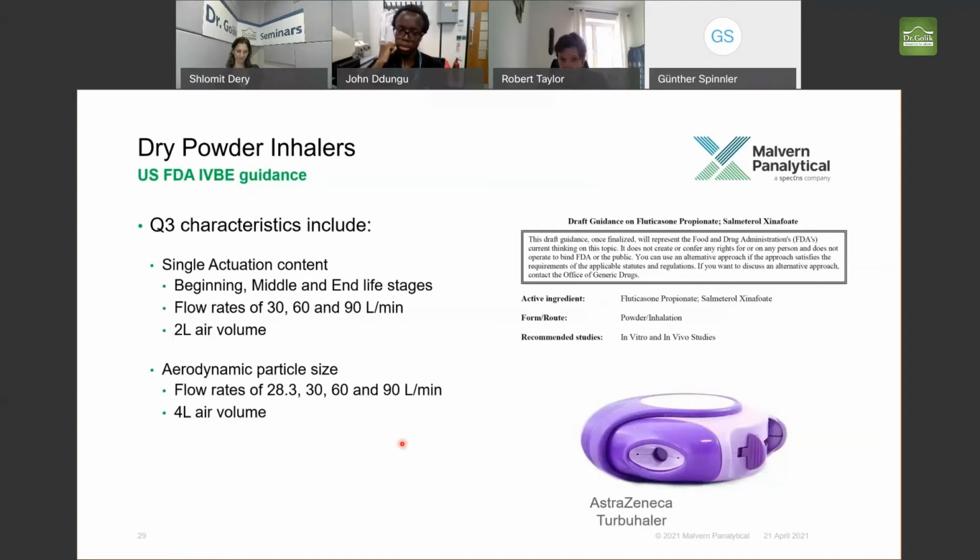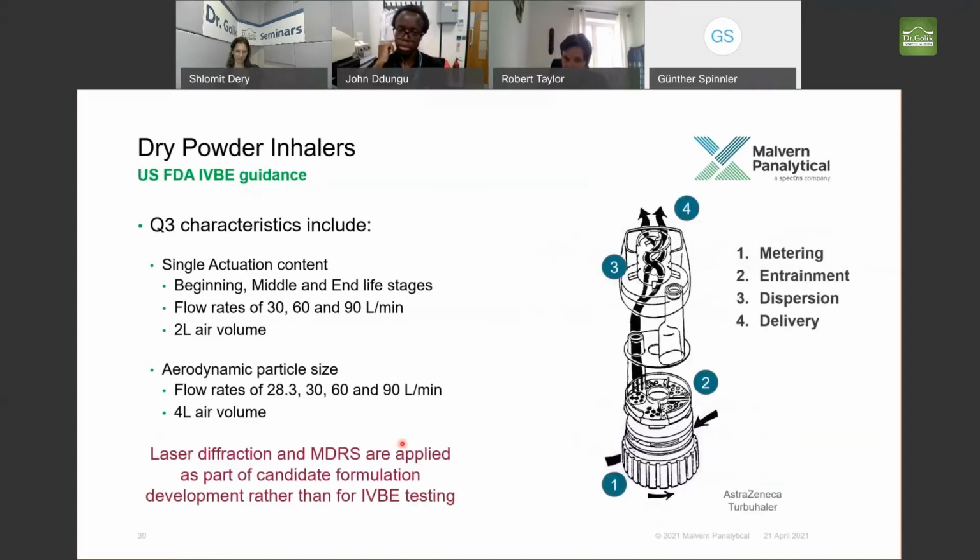But what we can do is support those activities. So with laser diffraction and MDRS, if there are, for whatever reason, some differences or some unexpected results coming through from your impactor analysis, we can use these techniques to help develop your formulations, or indeed to help deformulate innovative products for a generic approach.